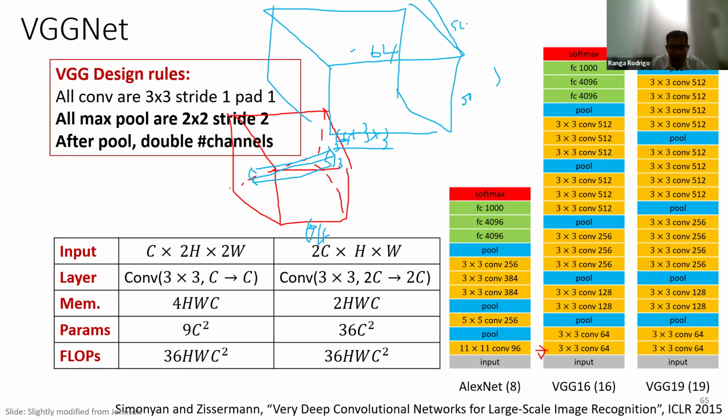If you run 2 by 2 max pooling, this 64 will remain, okay? Number of channels, this size will become 25 by 25.